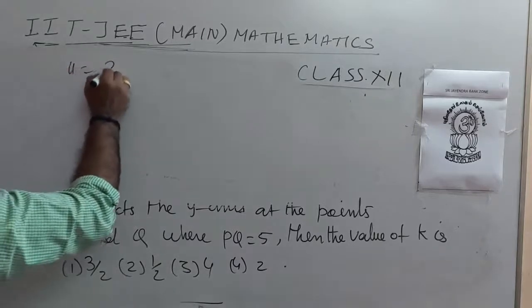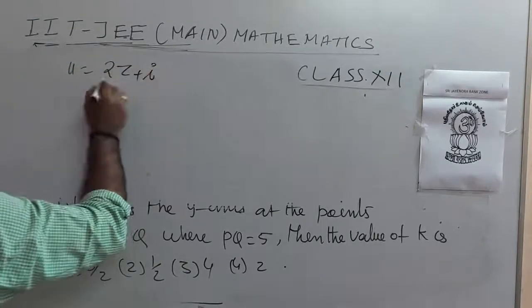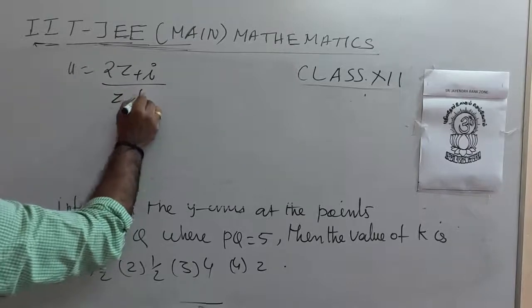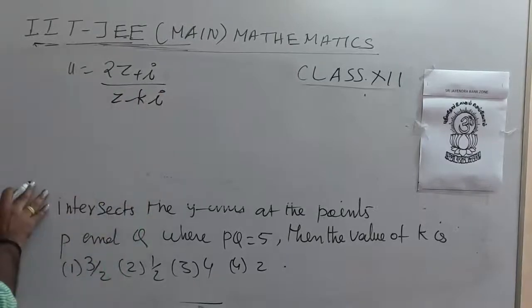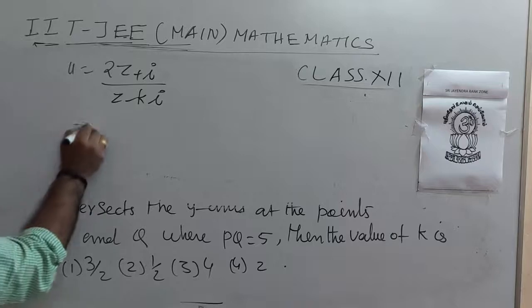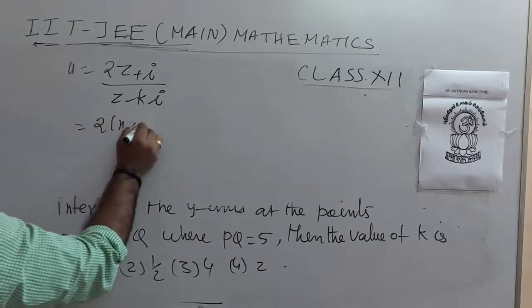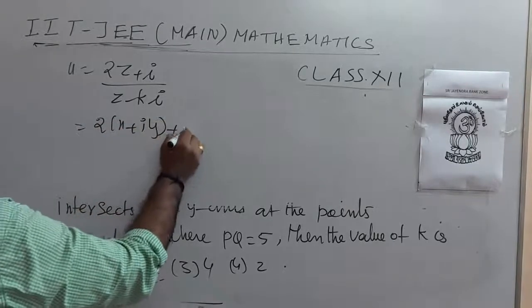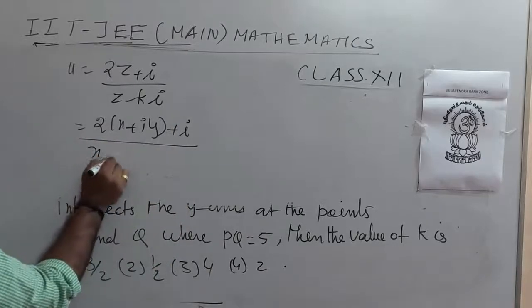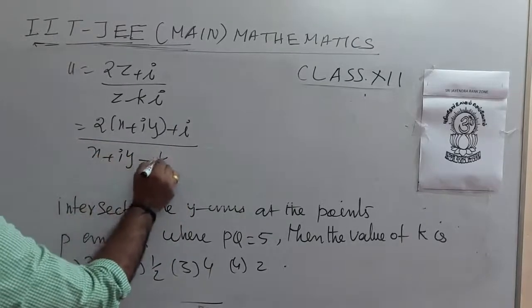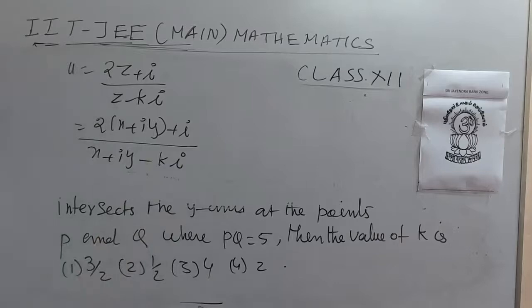u equal to 2z plus i divided by z minus ki. So 2 into x plus iy plus i, whole divided by x plus iy minus ki.